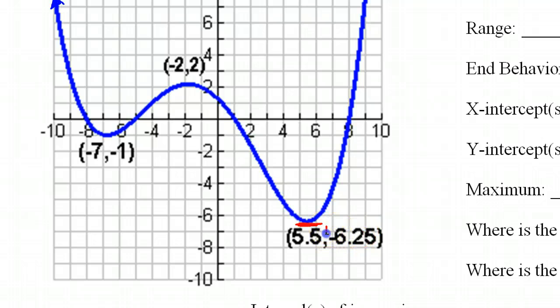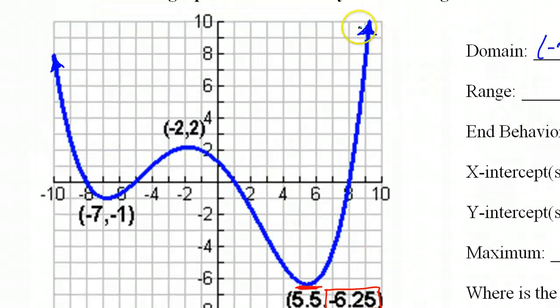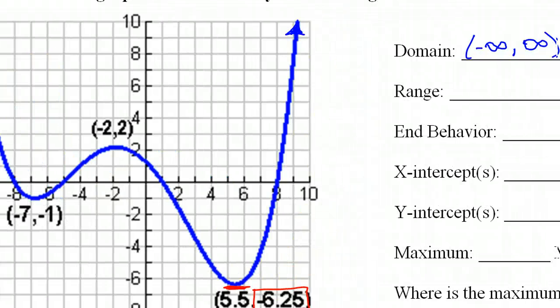It's this number right here. Okay, the y value is telling me the height. The x value is telling me how far over I am, and that's not what I need right now. So I'm looking at that negative 6.25. That's how low it goes. And then how high it goes, well, it goes forever. So the range is going to go from negative 6.25 to infinity, bottom to top. It has to be in that order.